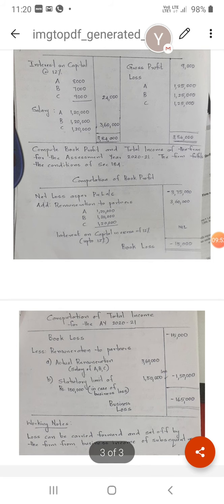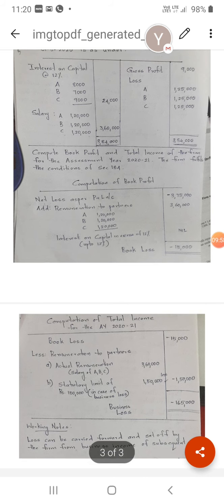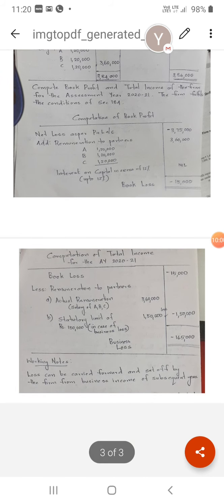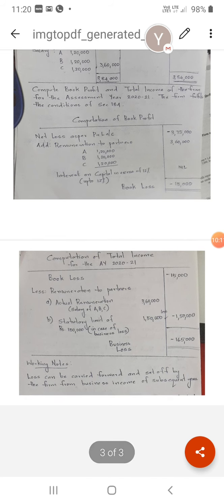The first item to be included for the computation of total income of the firm is book profit or book loss as the case may be. Here the item is book loss. Then, since the conditions of 184 are satisfied, we can deduct the remuneration which is payable to the partners.